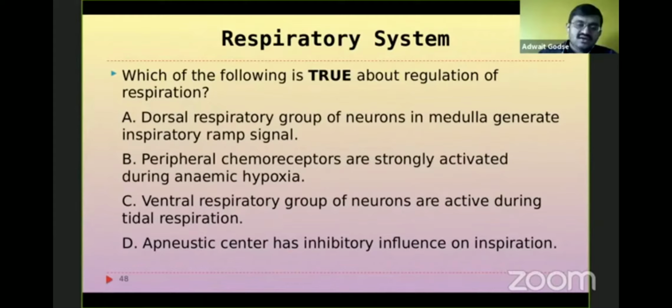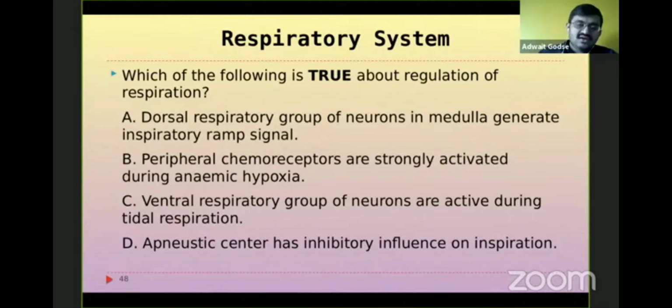A is true statement. Peripheral chemoreceptors are strongly activated during anemic hypoxia. Usually, we tend to believe that during hypoxia there will be stimulation of peripheral chemoreceptors because they are sensitive to partial pressure of oxygen.